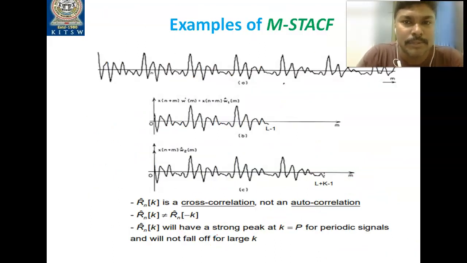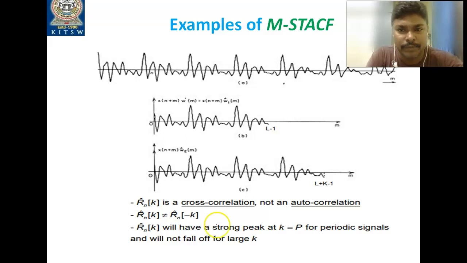These are examples of the modified short-term autocorrelation function. This is the speech signal that we will be having. When you see here, a rectangular window has been applied from 0 to L minus 1. See the limits 0 to L minus 1, and this is the extended version, x of n plus m into w2 cap of m, whose limit is L minus 1 plus k, or L plus k minus 1.